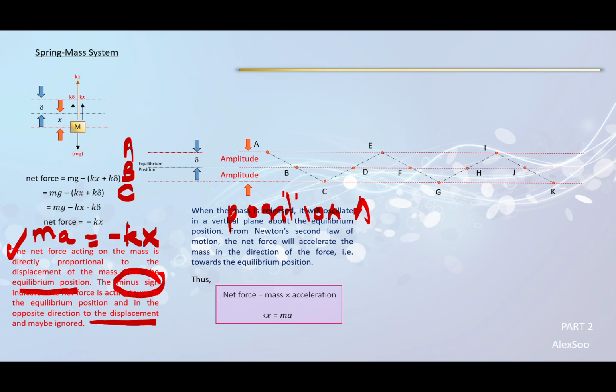So from here, we also know Newton's second law. From the previous slide, I have already stated that the net force is equal to the product of mass and acceleration, based on Newton's second law. So we have Kx equal to ma.